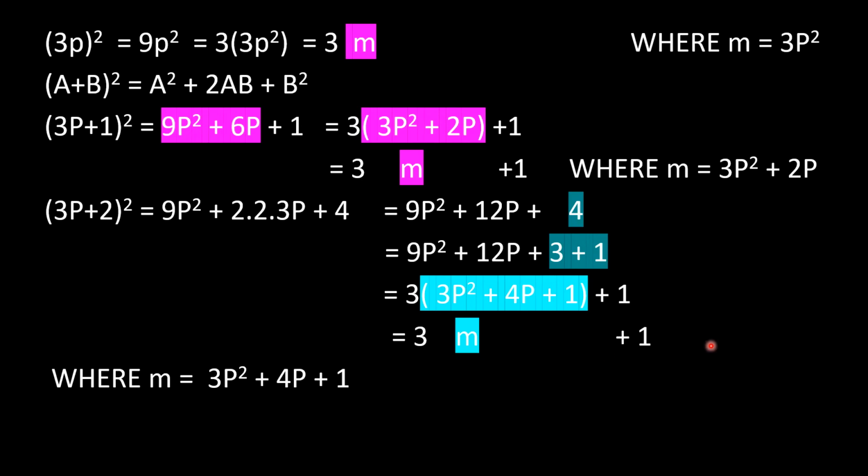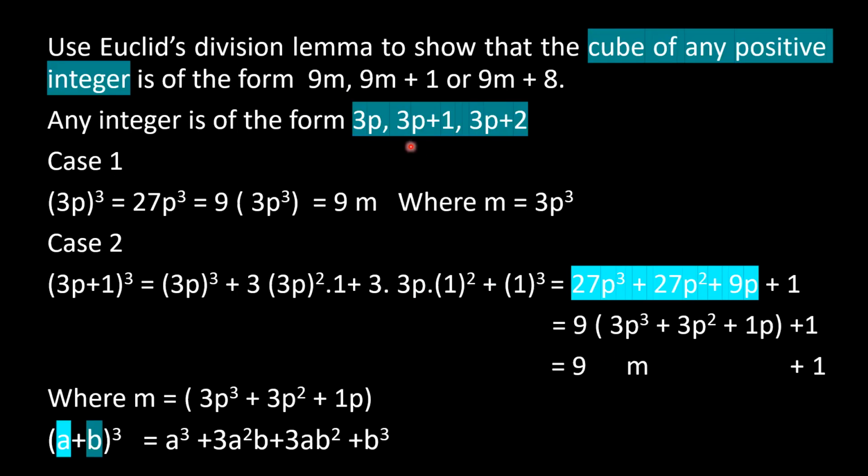Now going to the next one. Use Euclid's division lemma to show that the cube of any positive integer is of the form 9m, 9m plus 1 and 9m plus 8. Now they are asking you to prove cube of any integer is of the form. Already we know that any integer is of the form 3p, 3p plus 1 and 3p plus 2.